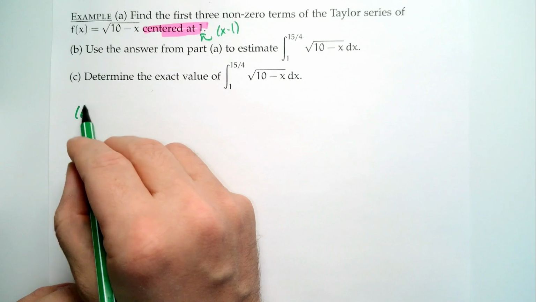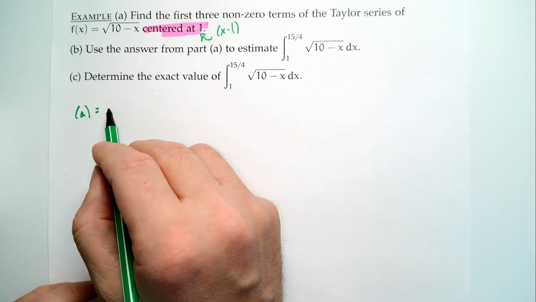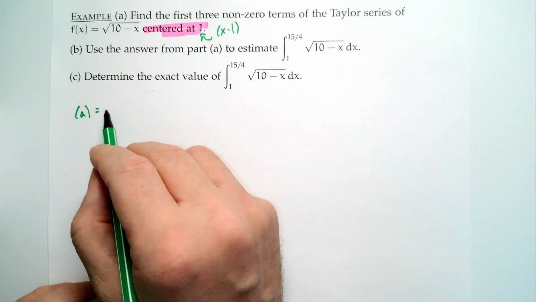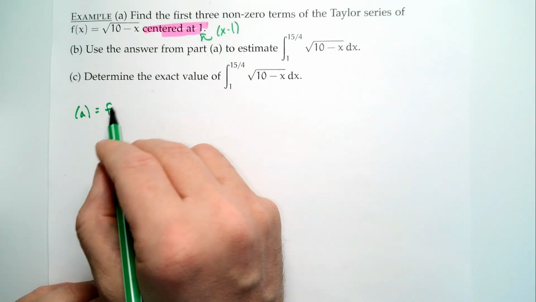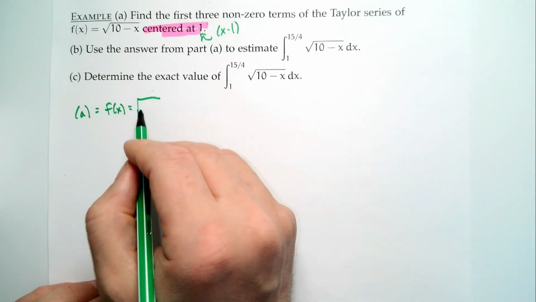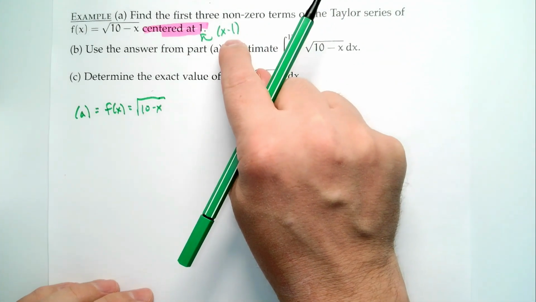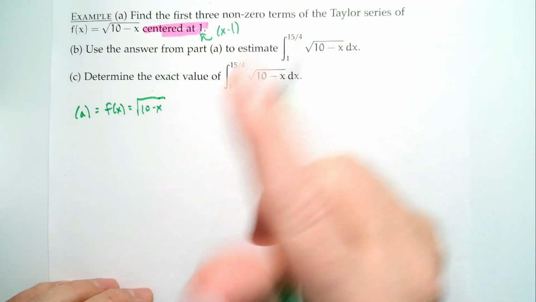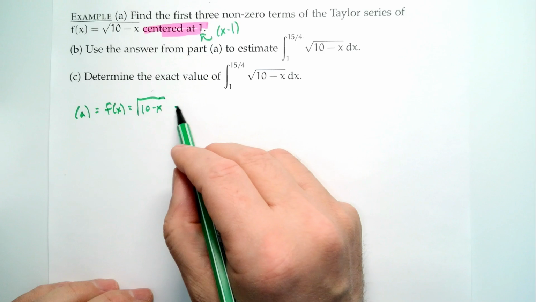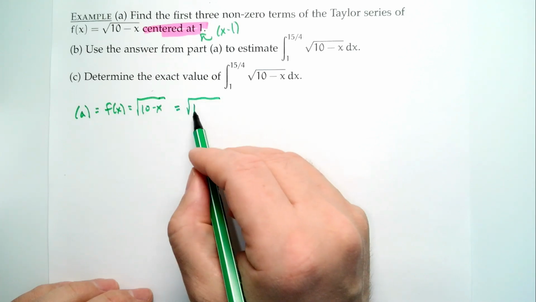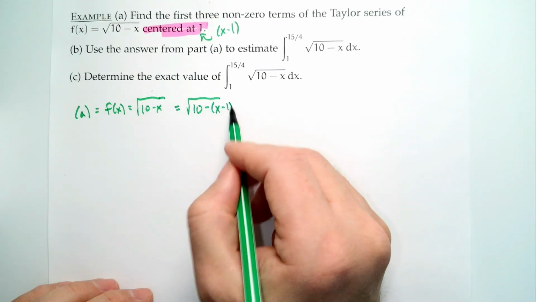So our goal here is we have our function, f of x is the square root of 10 minus x. I want to express things in terms of x minus 1. So, how can I do that? Well, square root of 10 minus x minus 1.